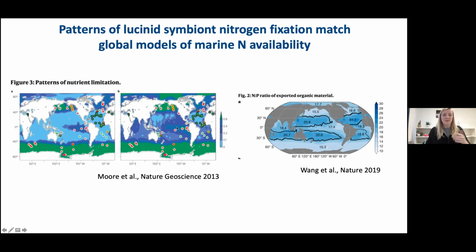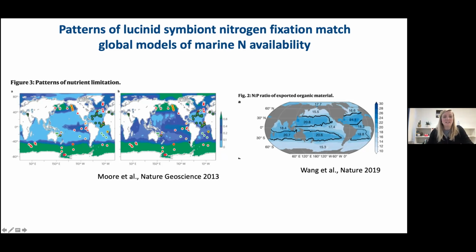And if you look at models of marine nitrogen availability, which you may have done during your studies so far, these are also areas where nitrogen is quite available compared to the tropical and subtropical regions of the Earth. There's this sort of 45-degree magic cutoff.